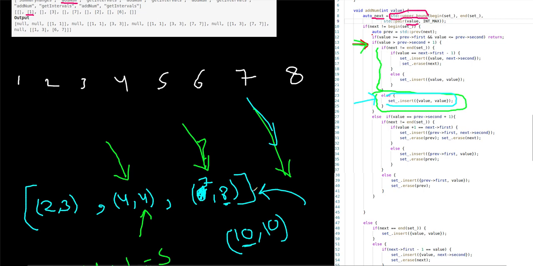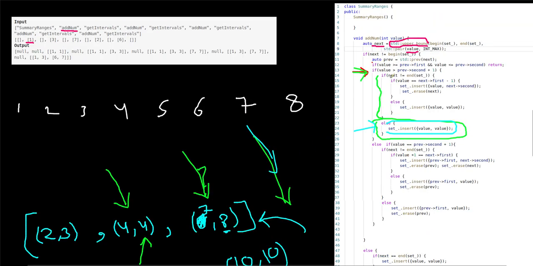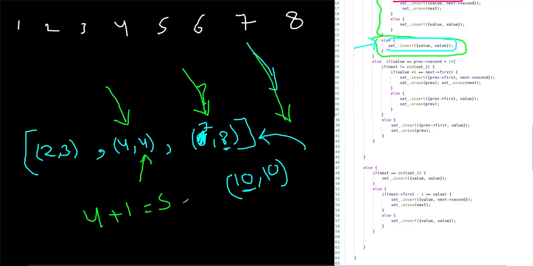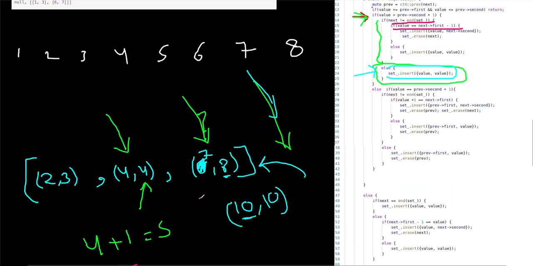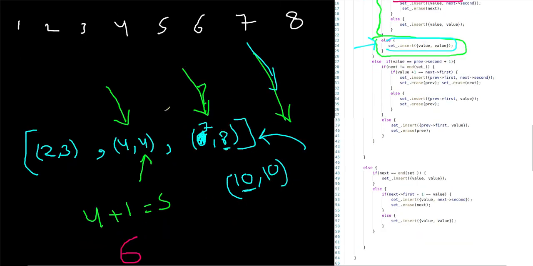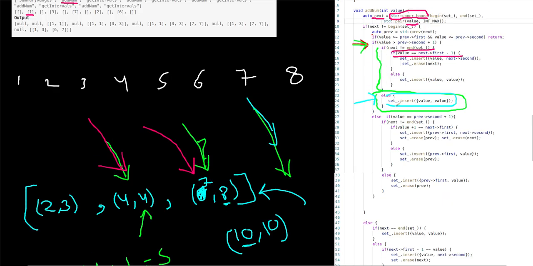If it's not the end, we need to check here if the value equals next first minus 1. For example, if we are adding 6, the next value will be here and the previous will be here. 4 plus 1 is 5, 6 is greater than that, so we come into this condition.